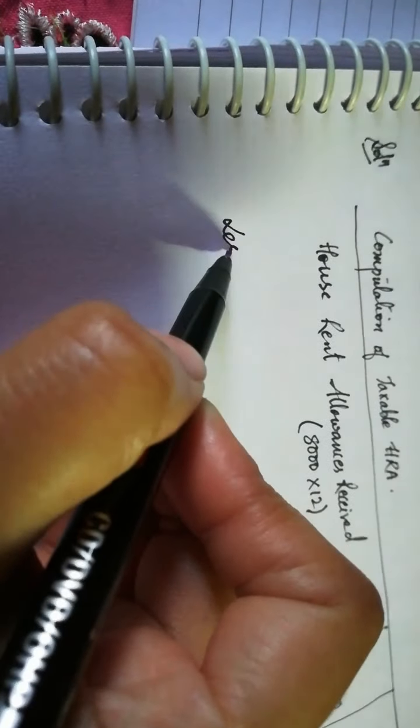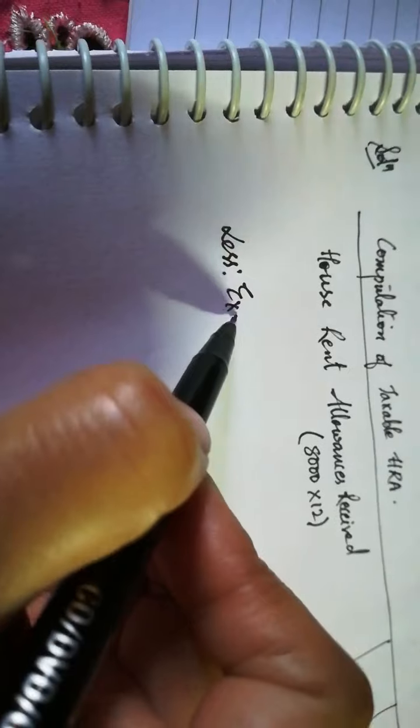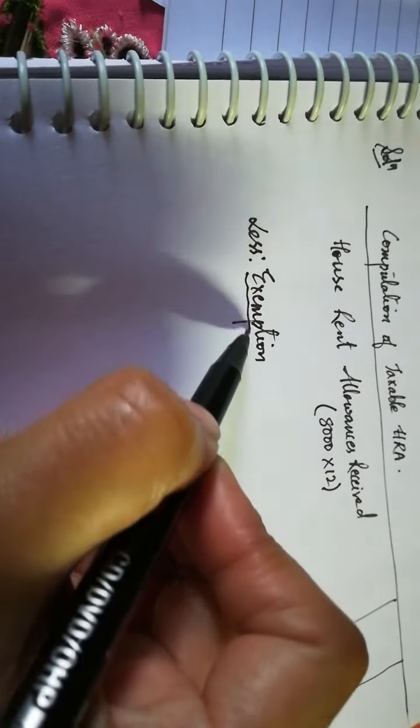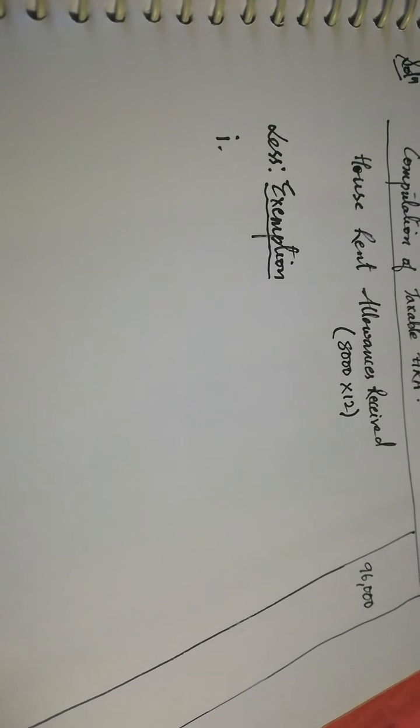Now let's move on to the exemption part. So now you have to write down less exemption. Okay, exemption has three parts, by now you know. So let's begin part wise. First, part 1. In part 1, it is either 40 or 50% of salary. Now you know how to select 40 or 50.